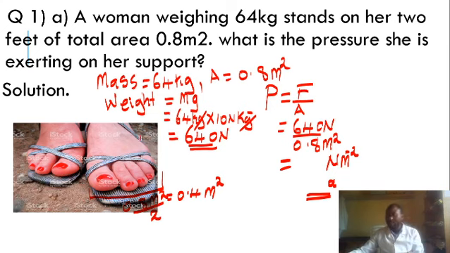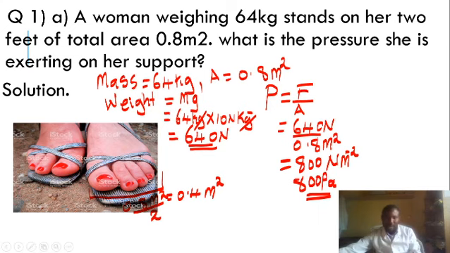So you have done the calculation. I wanted to see whether you are working with me. 800 Pascal. I want this to be as interactive as possible.